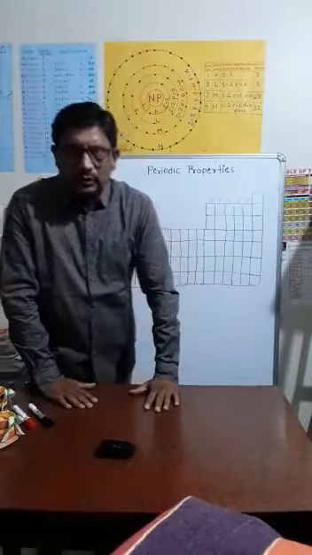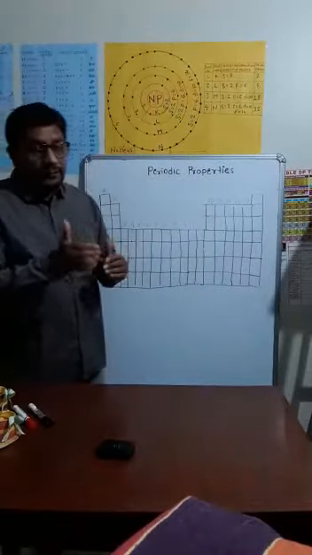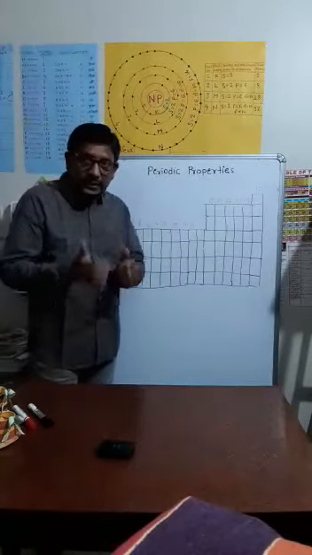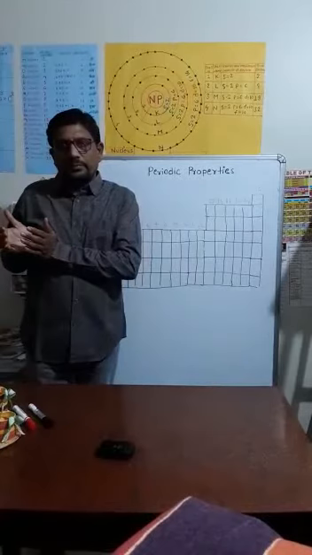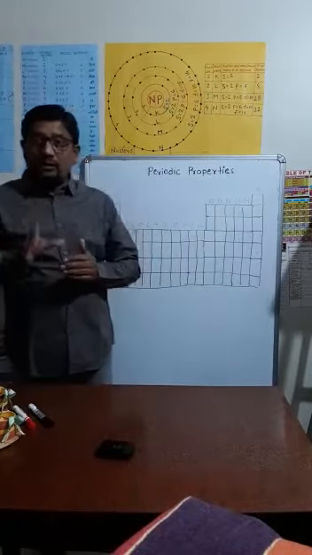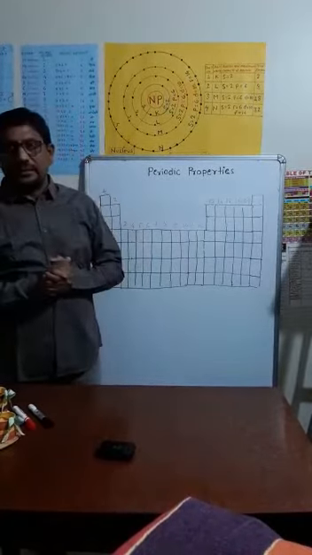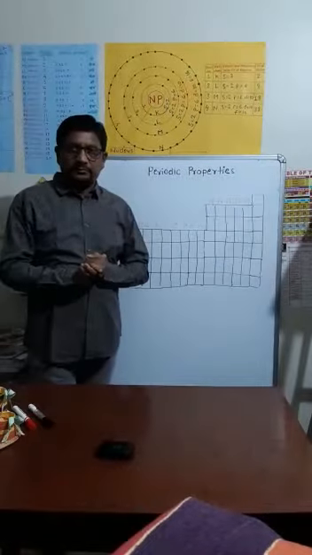Those elements having similar properties are collected in one group. Such a process is known as classification of the elements, that is, grouping of the elements.